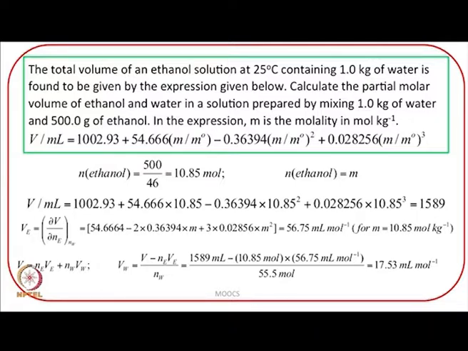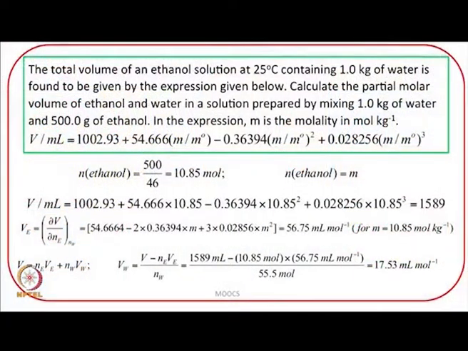The points to be noted in this problem is, look at the values of partial molar volume of ethanol. Partial molar volume of ethanol is 56.75 milliliter per mole, corresponding to a molality of 10.85. Whereas the partial molar volume of water is 17.53 milliliter per mole. The partial molar volume, or the change in volume when you add 1 mole of water to pure water, is 18 centimeter cube.